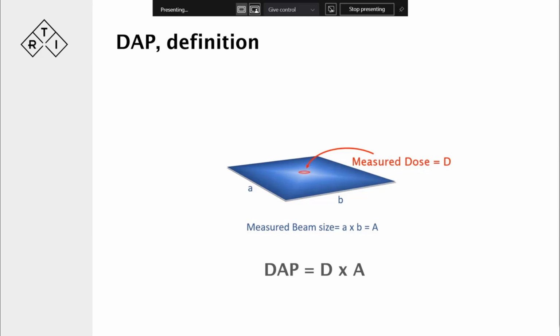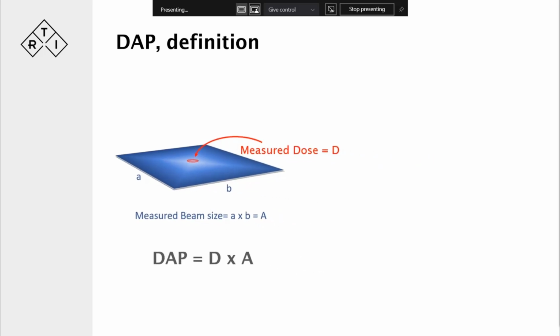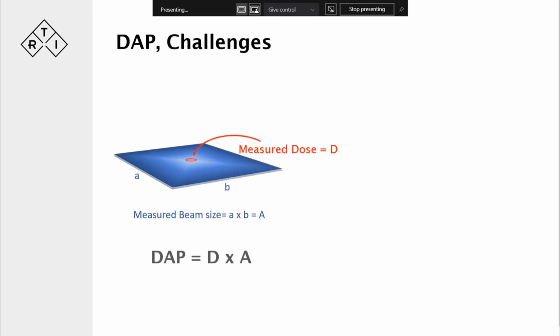And what happens there? From a mechanistic point of view, we've got some challenges. First, identifying the beam limits, so we can actually catch the beam edges. That's one challenge we need to overcome. Secondly, once we have these limits, is measuring the sides accurately.